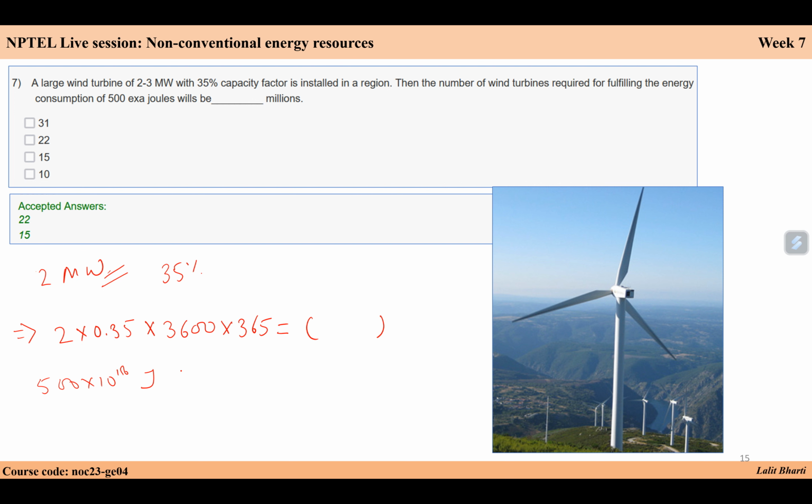So for that, we need to divide by this quantity and you will get around 15 million.